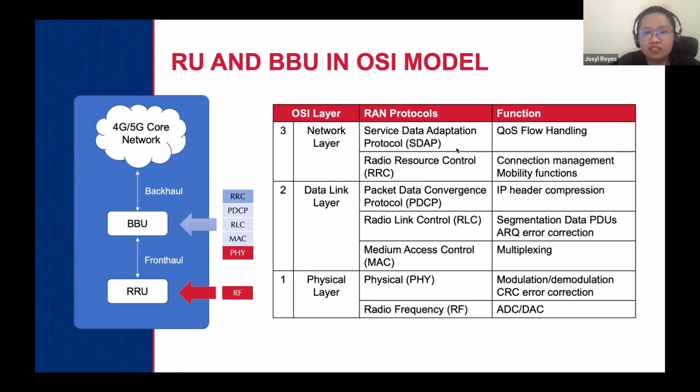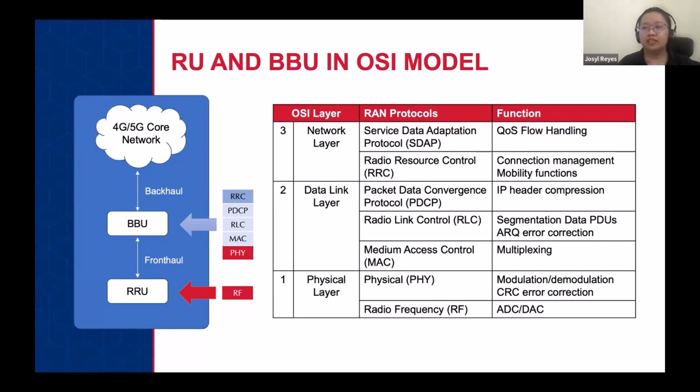Okay, but you can see here the different RAN protocols and the corresponding OSI layer that they are under, and the functions of each part. You can see the RF part is at the lower physical layer of the OSI model. And the functions are more on analog to digital converters, and then digital to analog conversion.